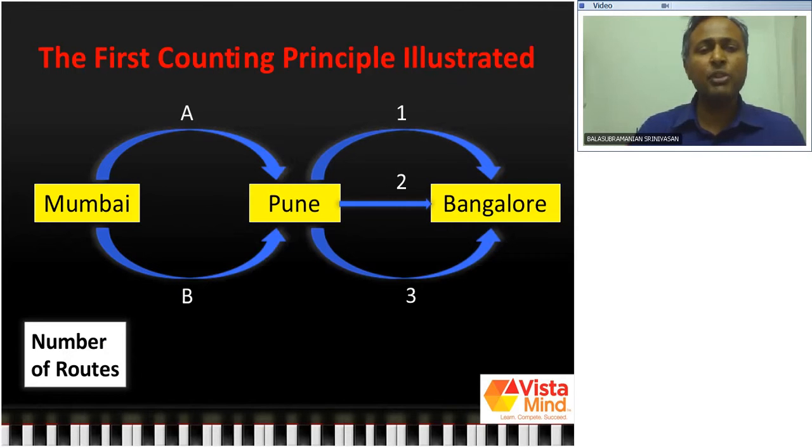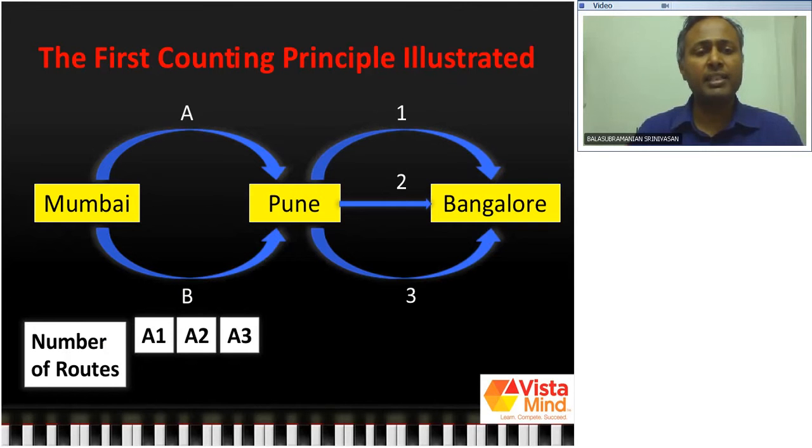The enumeration will look as follows. The routes are A1, A2, A3, B1, B2 and B3. Here A1 stands for the route that consists of route A to travel from Mumbai to Pune, followed by route 1 to travel from Pune to Bangalore.